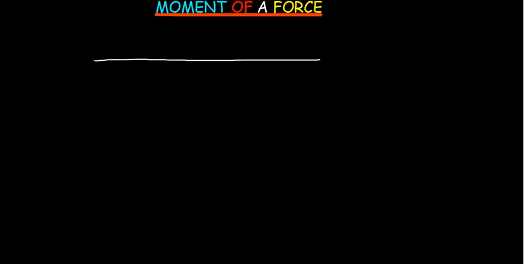Let's say this is a rule and we've got a pivot at this point. We have got an object here, and then we have got another mass, which is another weight at this point. And let's say we also have an object here.